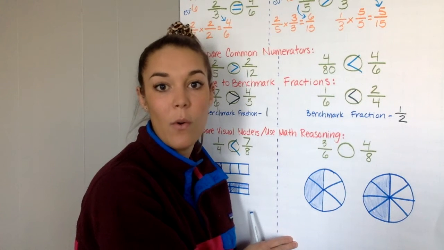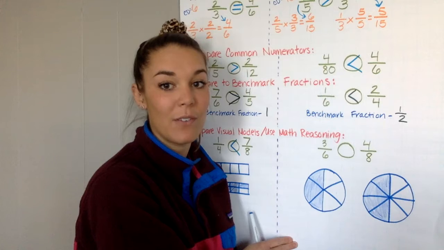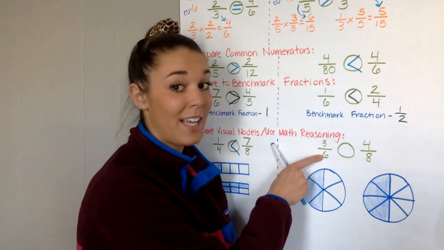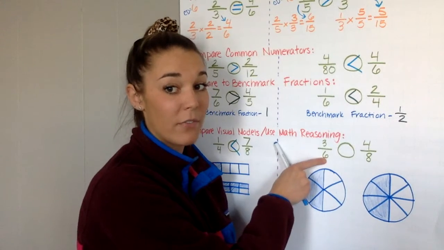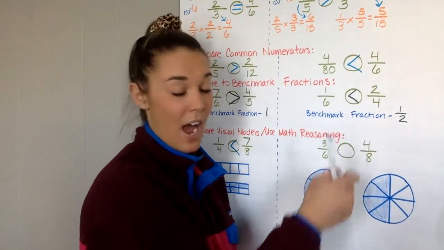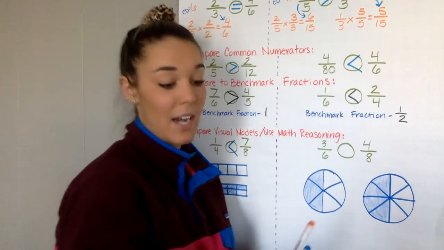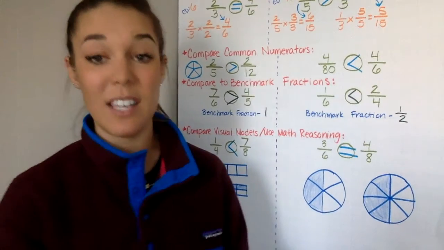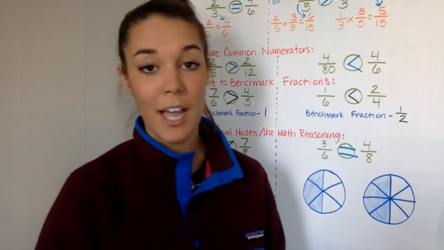They both show 1/2, right? So since 3 is half of 6, this is 1/2. Since 4 is half of 8, this is 1/2. So because of those things that I know, 3/6 and 4/8 are equal to each other, okay?